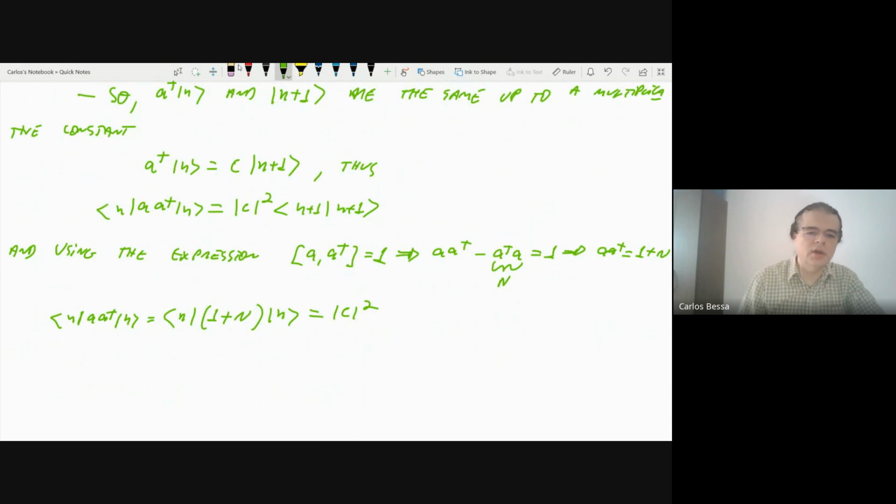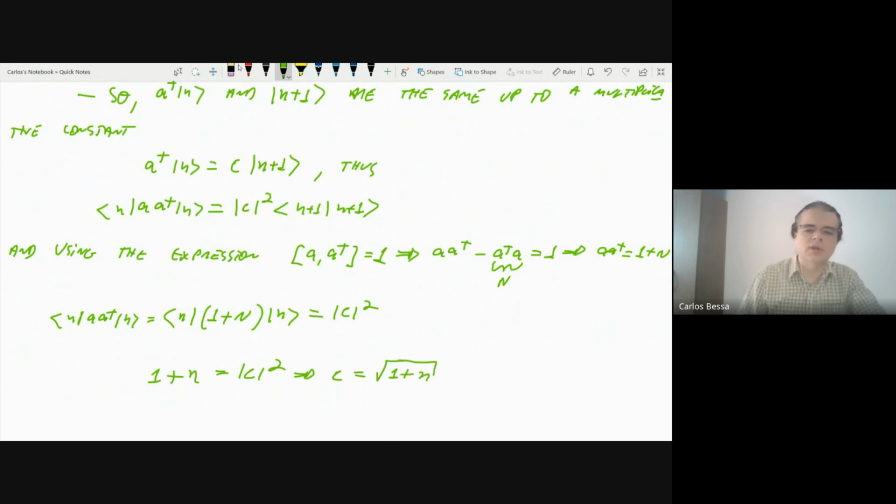And again, when this n operator is applied to the eigenket n, this will give just the eigenvalue small n. This will be the c squared. So c, again, taking by convention only the positive part, will be the square root of 1 plus n.